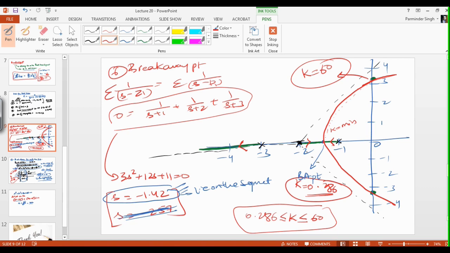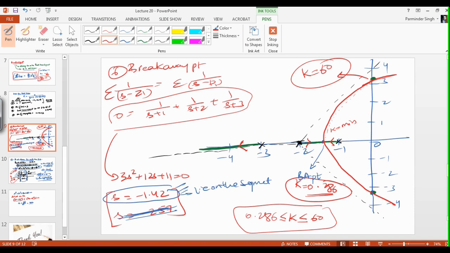Anything on the left hand side of the imaginary axis is stable. So the system remains stable if k is taken between 0.286 and 60. Once it is greater than 60, it reaches the right hand side and the system becomes unstable. Clear? So this is how we determine the stability using root locus.